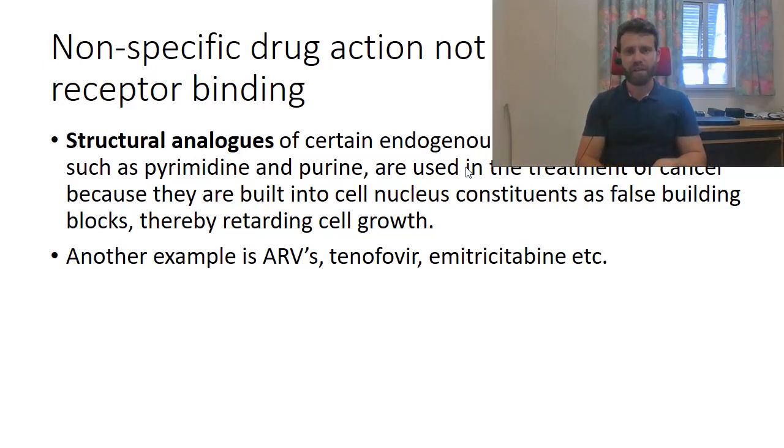Certain ARVs are actually purines, or they resemble nucleosides. And these are the nucleosides that the HIV virus would take and incorporate to make viral DNA. So if we give it false nucleosides and it incorporates them into its viral DNA, it fails. So this is what we do. We use false nucleosides to trick it.